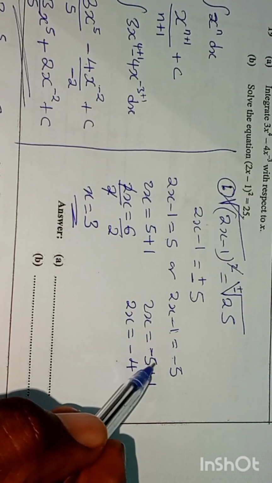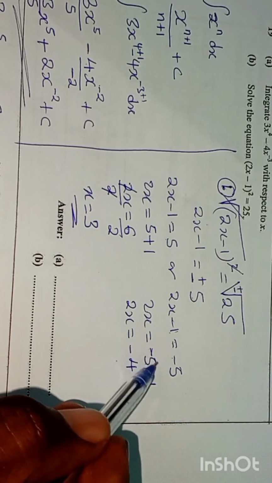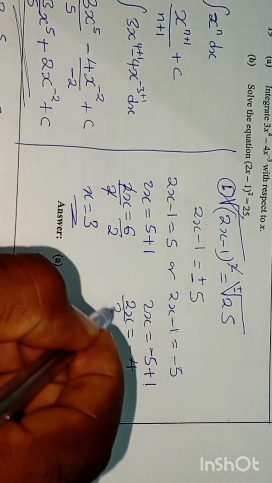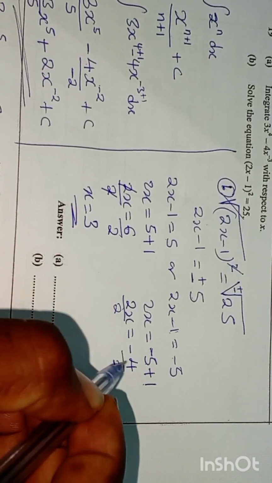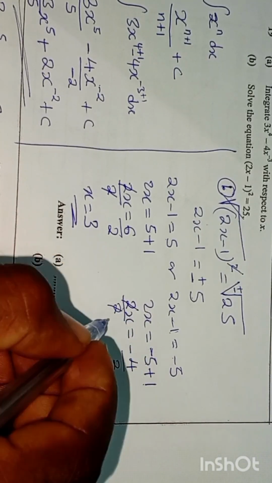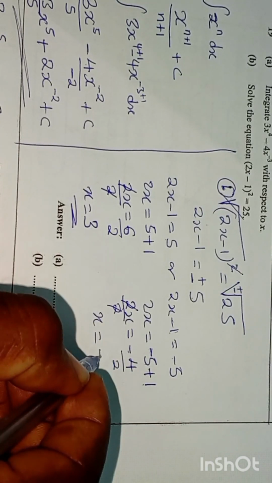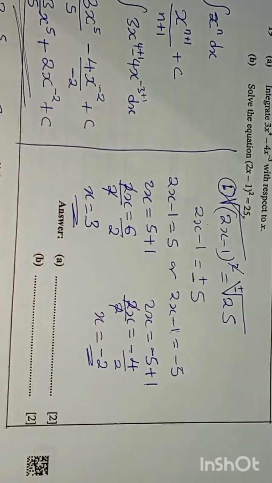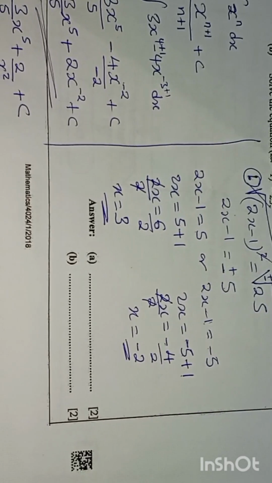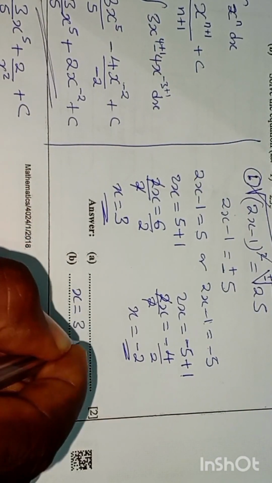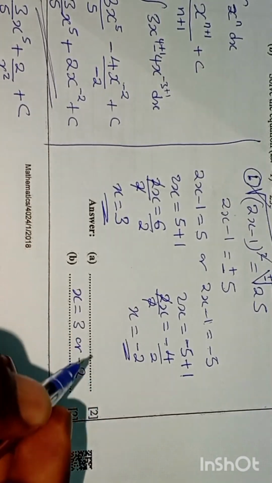Then you add the sign of the bigger number to the answer. So you say over 2, 2 goes. x equals 2 into negative 4, that is negative 2. So the values for x are 3 or negative 2.